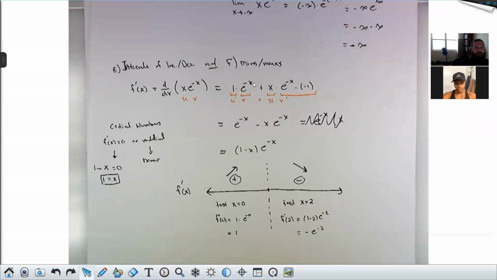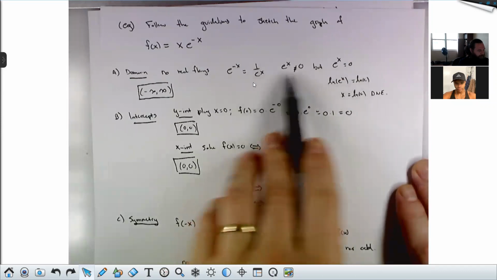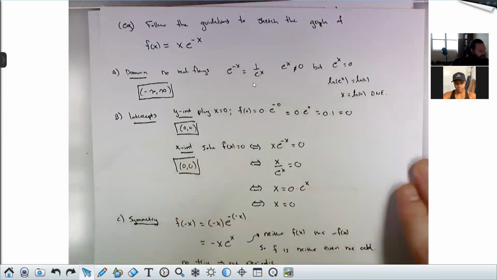E to the negative x is never equal to 0. That's something that we verified earlier when we were looking at the domain. You're right that normally we would set all the factors equal to 0. I'm technically being a little bit sloppy here.